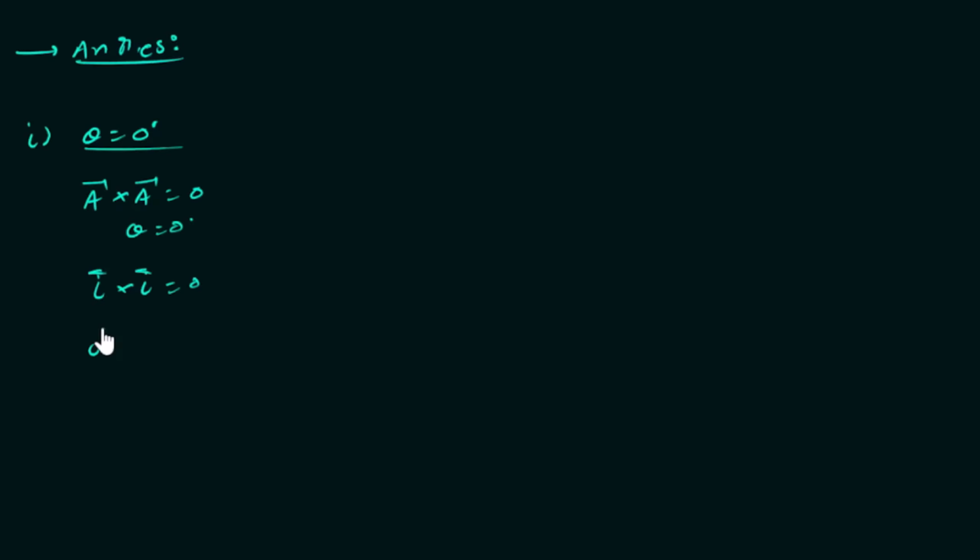In this case we have A cross A equals 0 because both the vectors are parallel and theta will be 0. I cross I is also 0. J cross J is also 0. K cross K is also 0, because these unit vectors are parallel to each other. That's why the cross product of such vectors will always be 0.